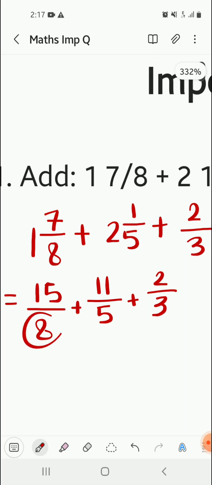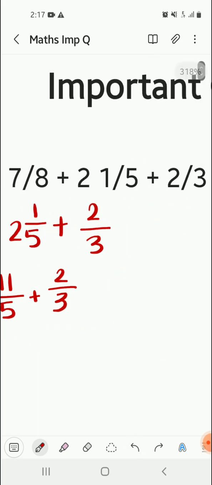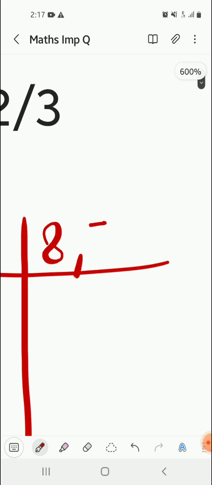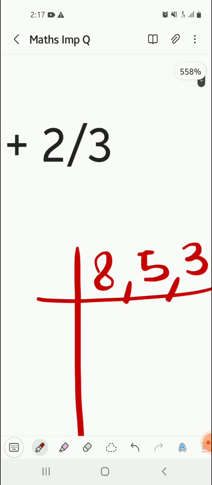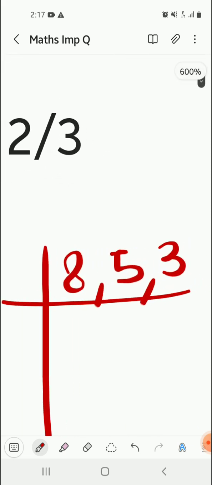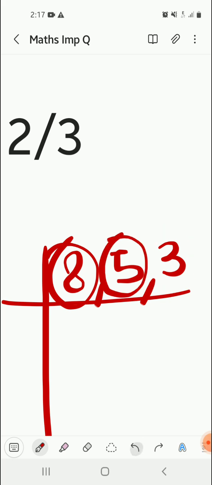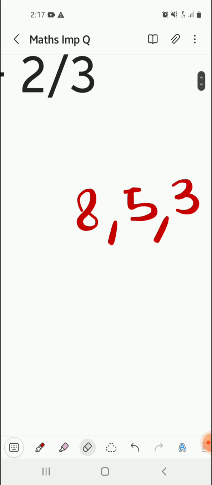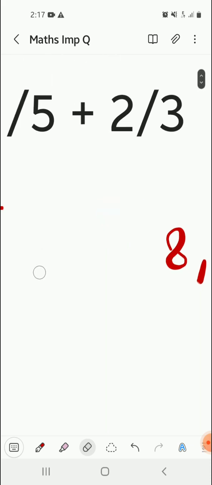We're going to find the LCM of 8, 5 and 3. Common sensically, you can see 5 and 3 are prime numbers and 8 is left alone. The LCM will be the multiplication of 8, 5 and 3 because there is nothing in common.